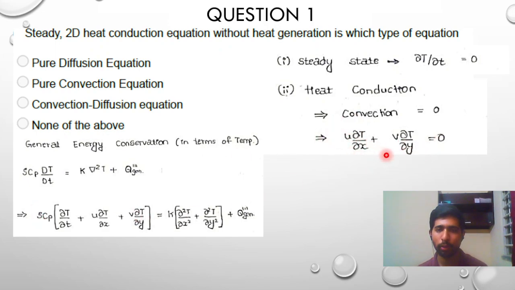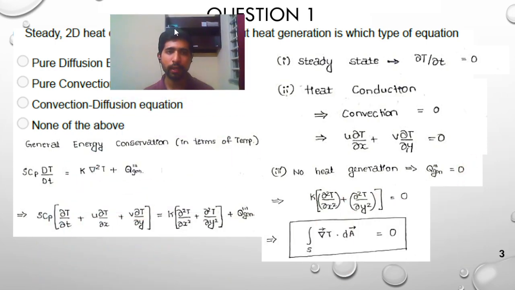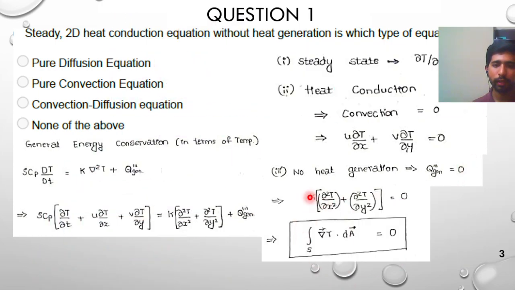Now the third thing which is given is 2D heat conduction without heat generation, so again the generation is equal to 0. What is remaining is just this term: k into ∂²T/∂x² plus ∂²T/∂y² is equal to 0.